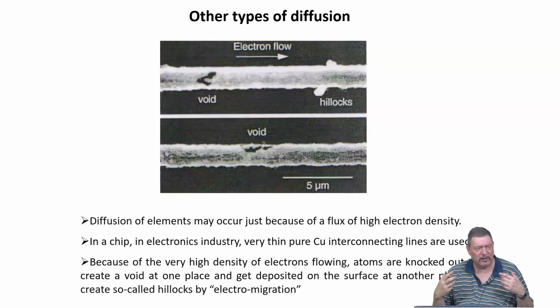So you have to take into account that whenever you either go to very thin wires, like in microelectronics industry, or when you go to high power applications where you apply huge voltages and have huge currents, that the electron density in the flux of electrons is very high, even just because of the skin effect.